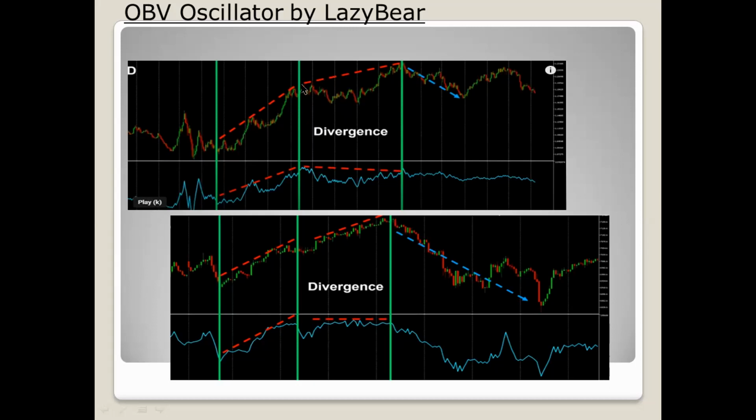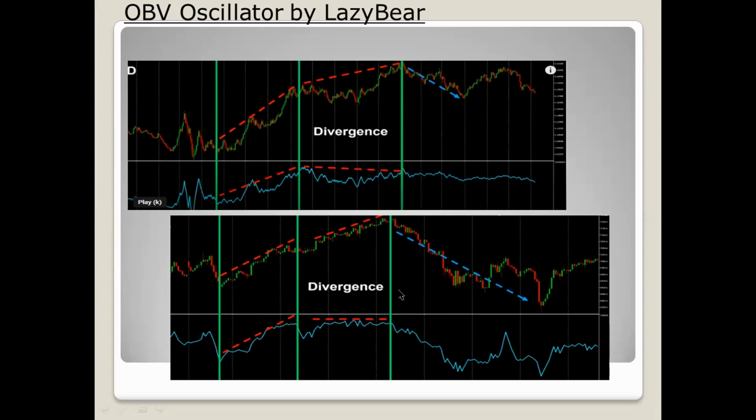But here, the price is going up from here to here, but we see a divergence. The OBV oscillator is not interested in this journey. So what is happening next? The market trend has changed from this point.